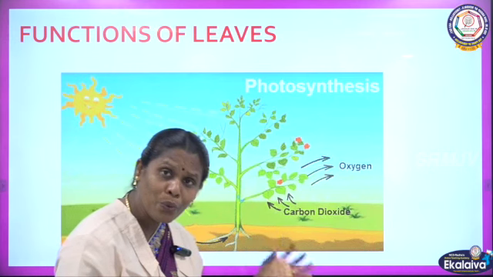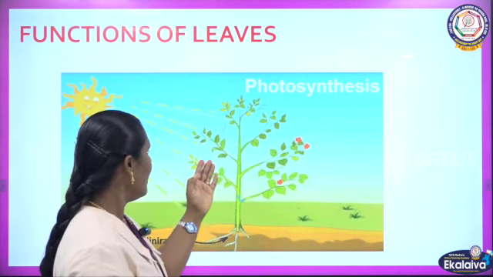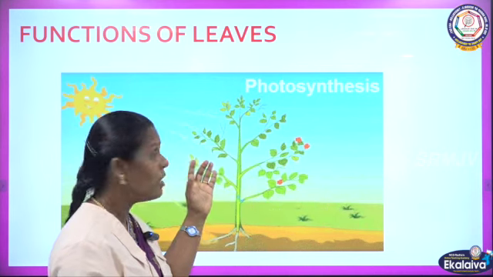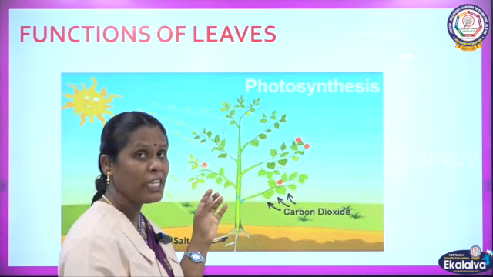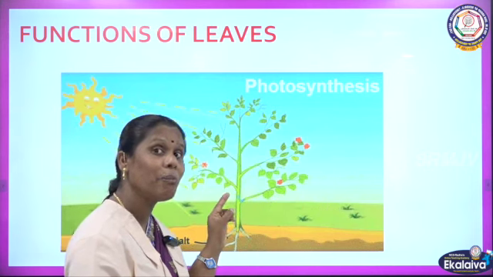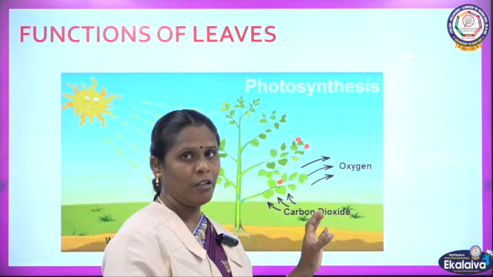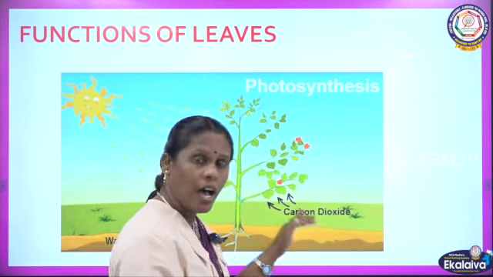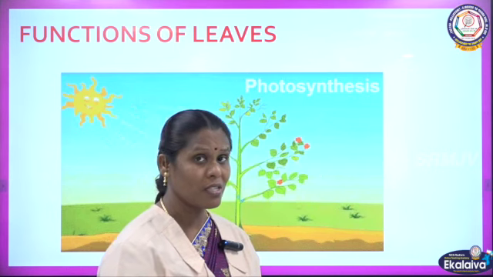Here, the root absorbs water and the leaf absorbs sunlight. In the presence of chlorophyll pigment, it prepares food as glucose. That process is called photosynthesis.